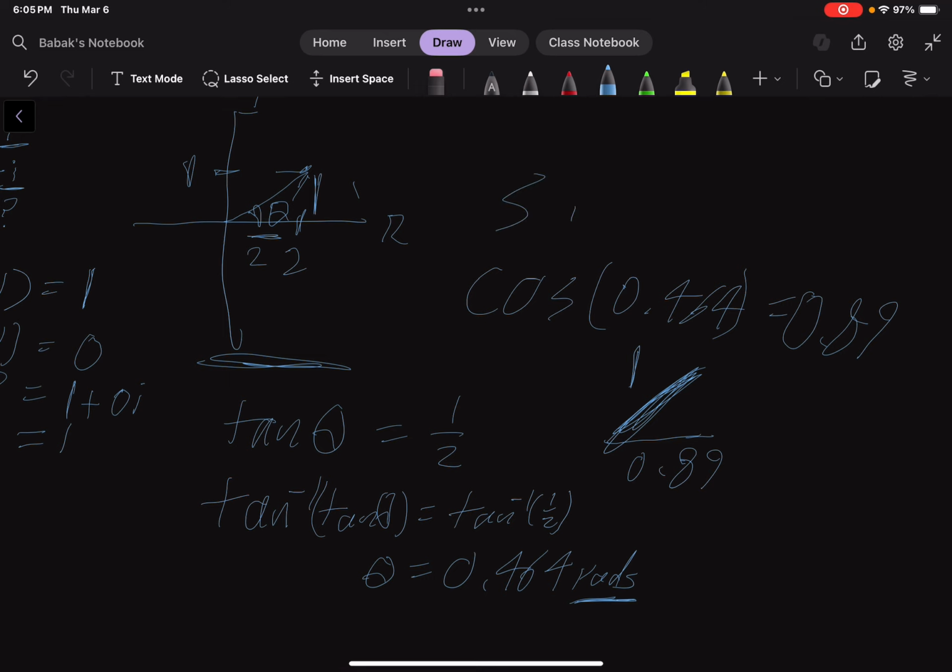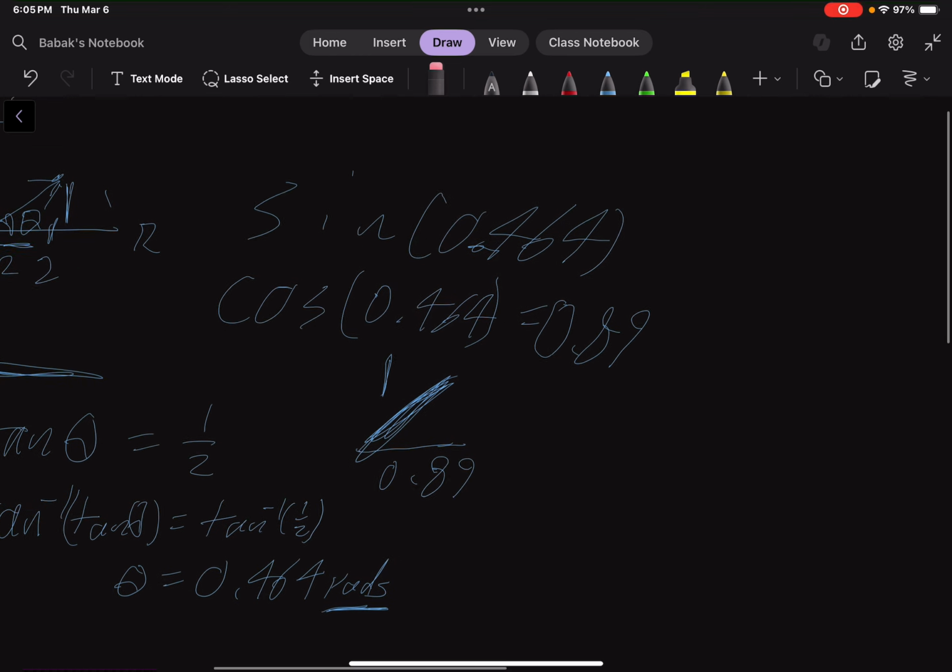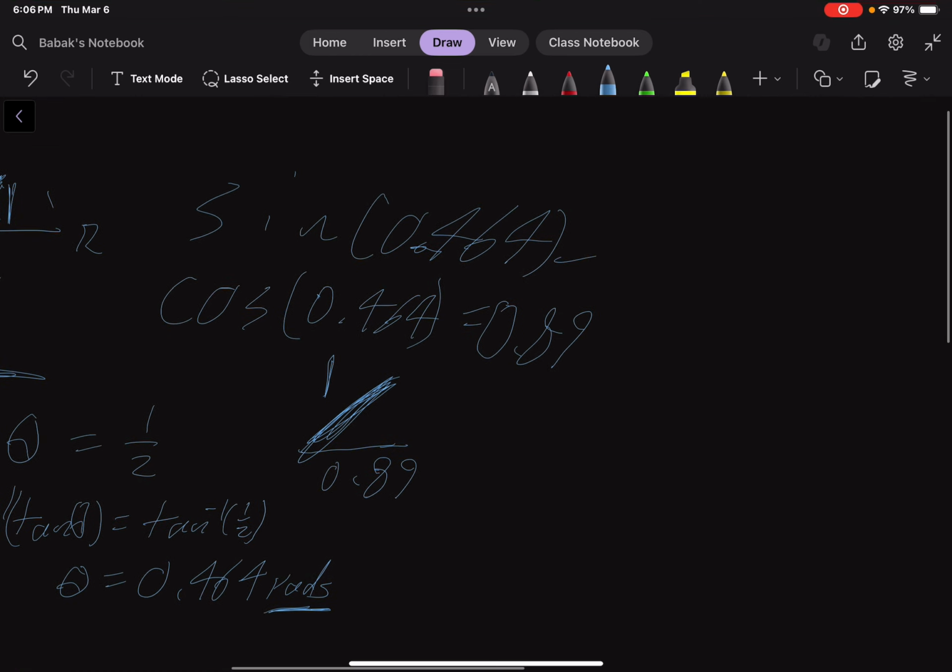And respectively, sine of 0.464, being roughly equal to 0.448, would be the opposite side of the angle, this being theta once again.